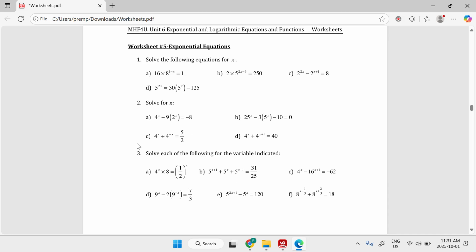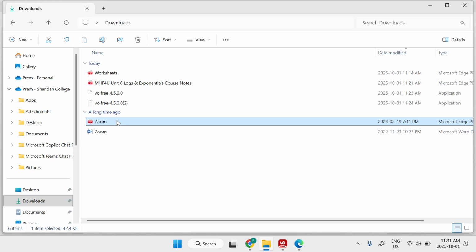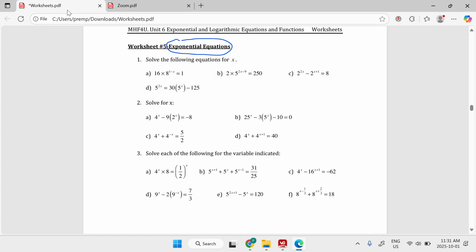Solving any exponential equations for the given values of x. So let me open another file here. See, we're trying to solve this question. 2 power 2x over 2 power x plus 1 equal to 8.